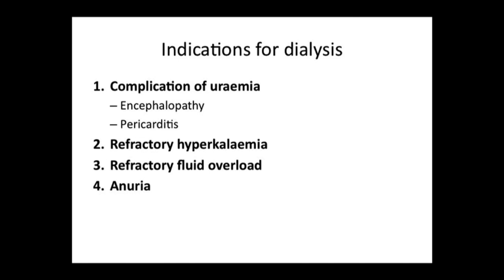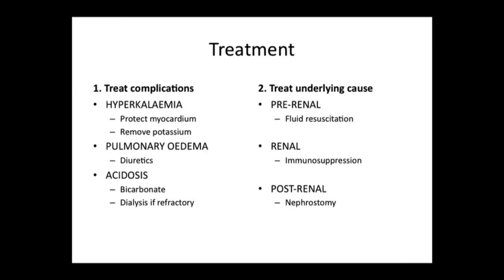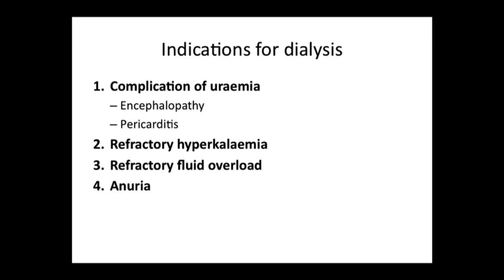And then for those of you who are about to sit your finals, or who are interested, these are the indications for dialysis. And basically, it kind of makes sense. If you're not controlling the kidney failure with these things, then the only other thing you can do is dialyze the patient. So if they've got symptoms of uremia, such as encephalopathy or pericarditis, you need to dialyze them.